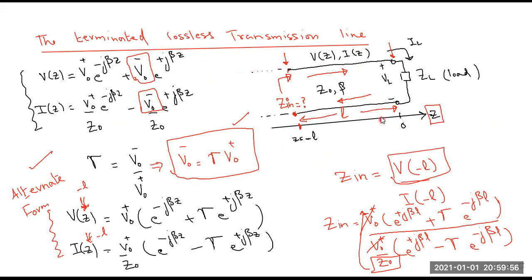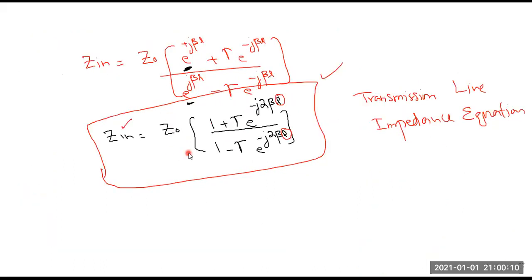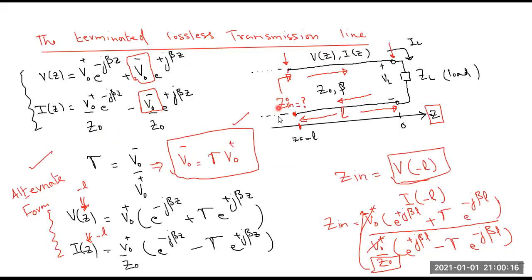If I want to find out impedance right at the position of the load, you can clearly see over here L will be equal to 0. So you can also find ZL with the help of this equation, even though we are representing it as Z in. That doesn't mean that only this is input impedance.